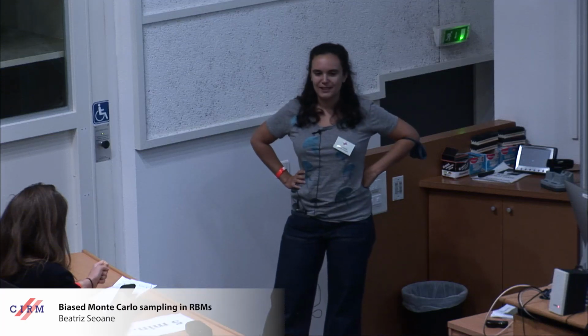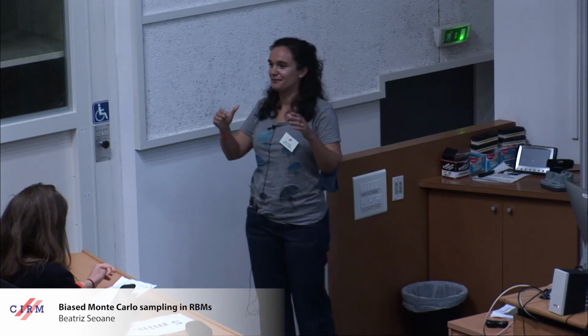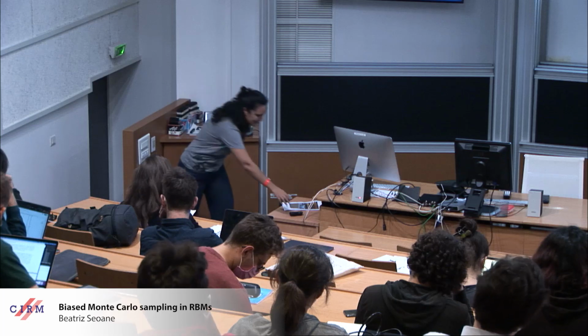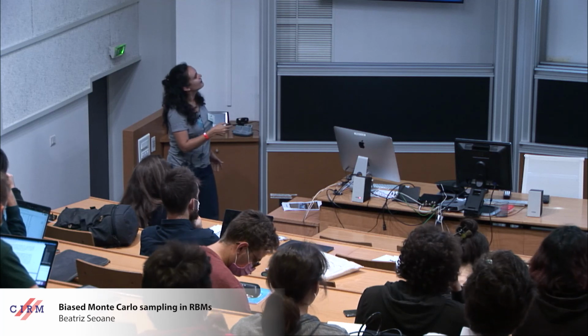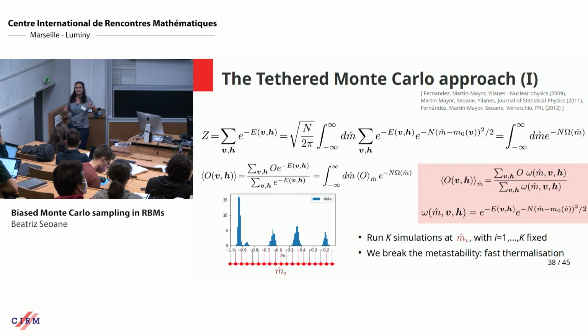Our biggest problem right now is parallelization, because we introduce a bias. One of the nice things of the restricted Boltzmann machine is that you can update at the same time all the visible variables and all the hidden variables, because they don't interact with each other. When we introduce this term, we break this.